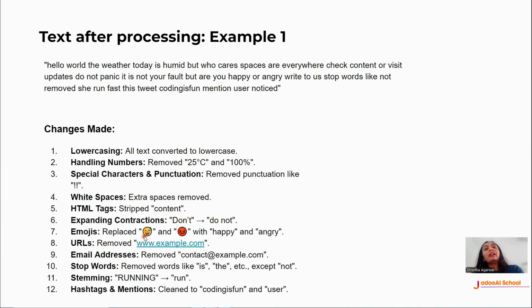Then we replaced these emojis. This emoji was happy, so we replaced it with the word happy, right? And this emoji was this, and we replaced it with the word angry, right? In your text, when you are doing some kind of policy update, you really don't want to know which website that policy is coming from.